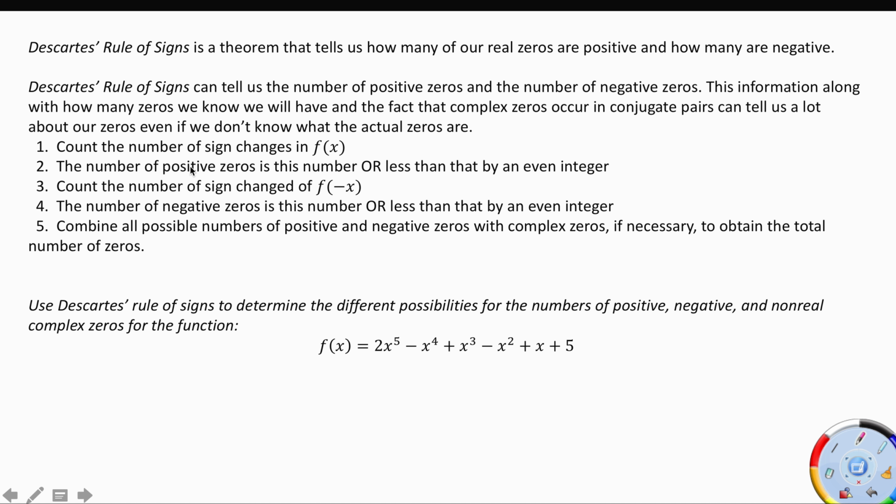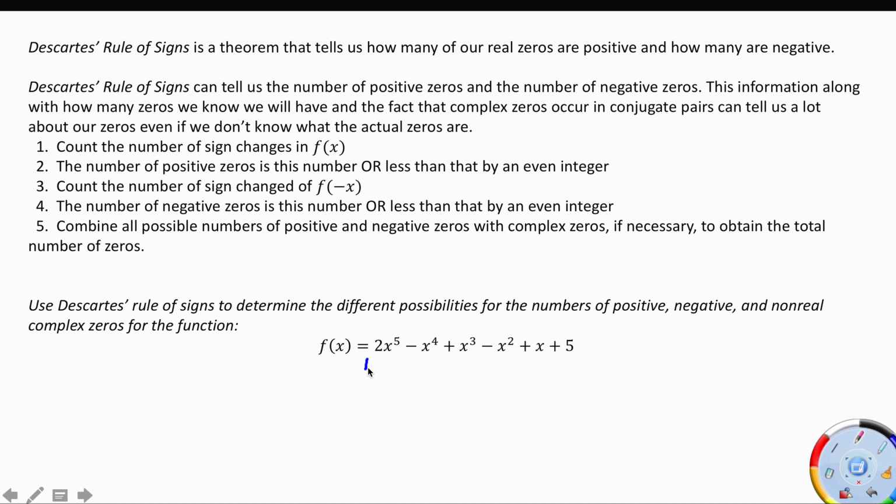Here's what Descartes' rule of signs is. But let's just go down here and practice it. We're going to use Descartes' rule of signs to determine the number of positive, negative, non-real, complex zeros for this equation. The first thing we're going to do is count the number of times that this function f of x, when I have a positive x in here, changes signs.